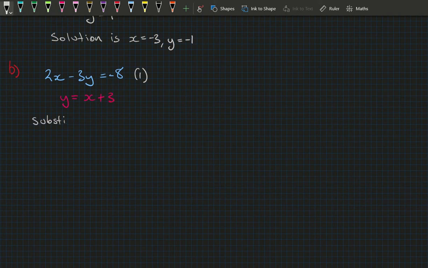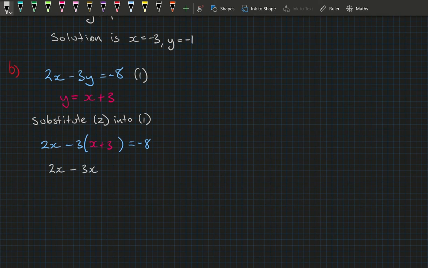So if we substitute relation 2 into 1, we get 2x minus 3 times x plus 3 equals minus 8, with x plus 3 replacing the value of y. So if I expand these brackets, I now get 2x minus 3x minus 9 equals minus 8. And then by collecting like terms and adding 9 to both sides, we end up with minus x equals 1.